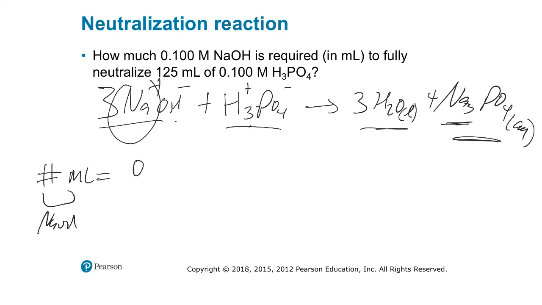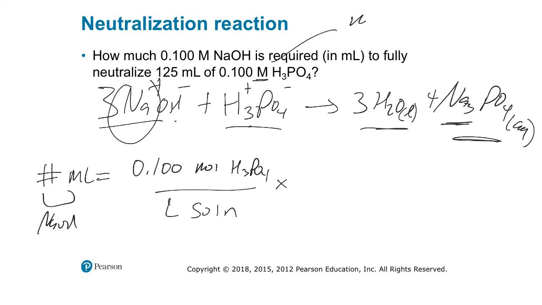So I've got 0.100 moles of H3PO4. Write that out every time. This is really helpful because these problems aren't hard as long as we keep our units straight. And sometimes we just have to think M, that just means moles of this per liter of that solution. So then I can multiply by 0.125 liters of that solution. That tells me the moles of H3PO4 that are present.